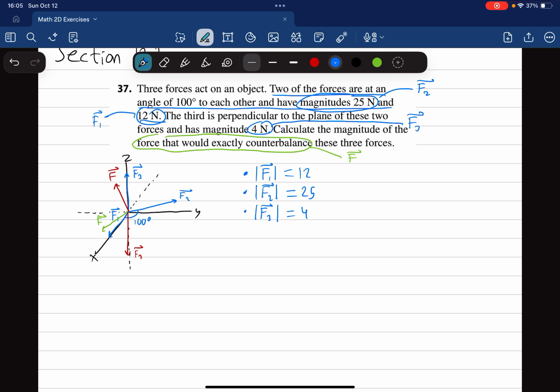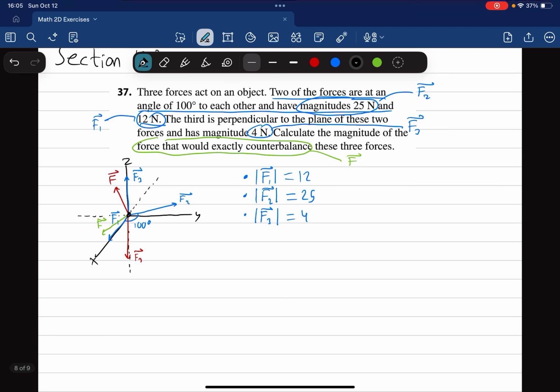Recall that the net force acting on an object, and here it's good to note that our object here, we're taking it to lie in the origin.